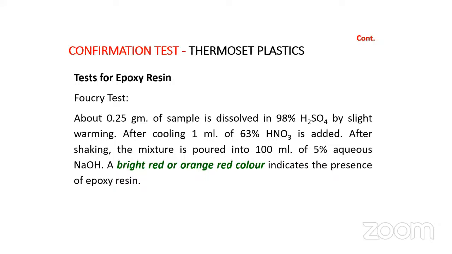By doing so, if you get a bright red or orange-red color, it indicates the presence of epoxy resin. So after this chemical experiment on your resin, if you get a bright red or orange-red liquid, there is epoxy resin present.